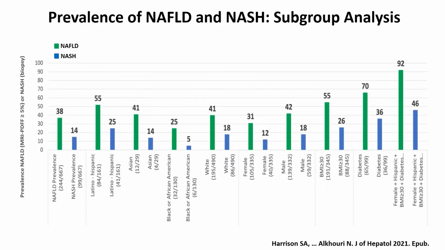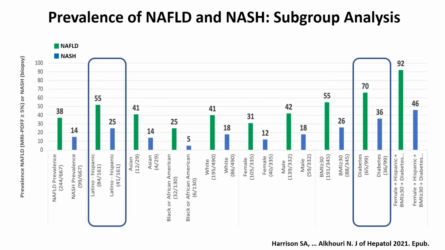Next, we did subgroup analyses for high-risk patients. So when we looked at Latinos, Hispanics, we found NAFLD in 55%, and more importantly, NASH in 25%. When we look at patients with type 2 diabetes, NAFLD was present in 70% and NASH in 36%.